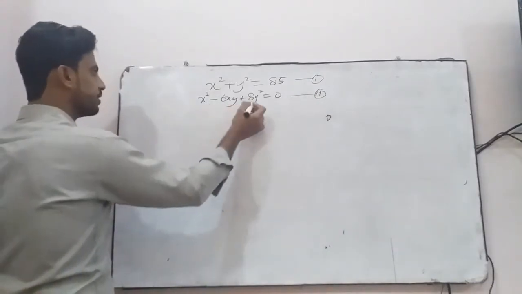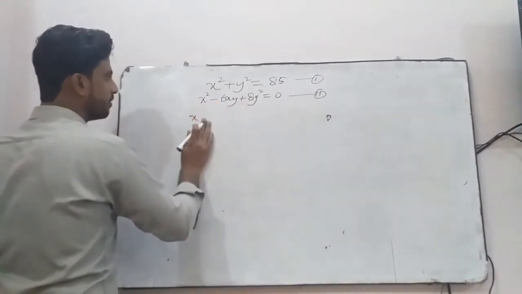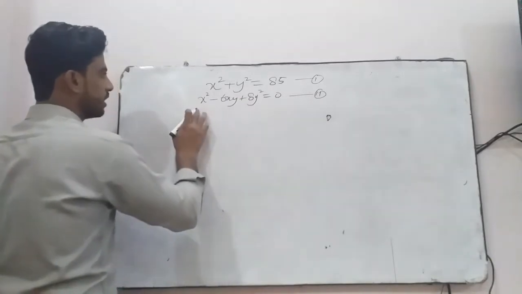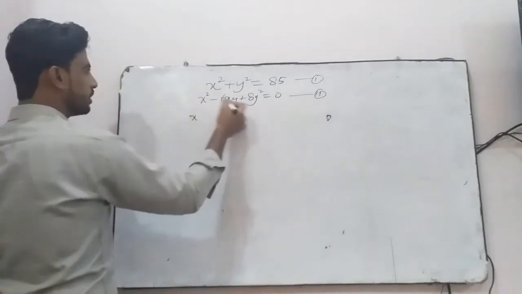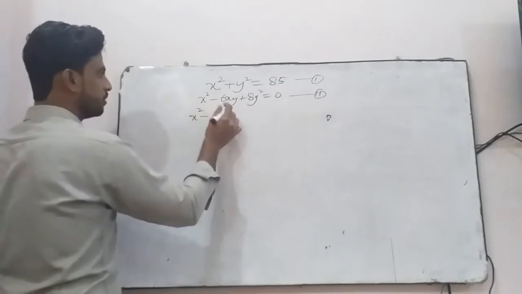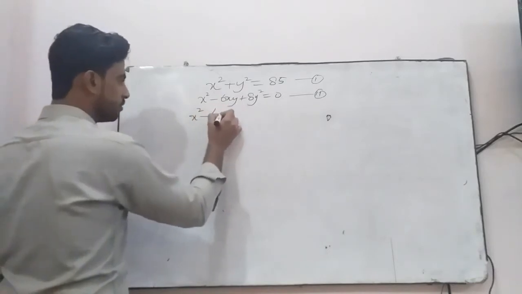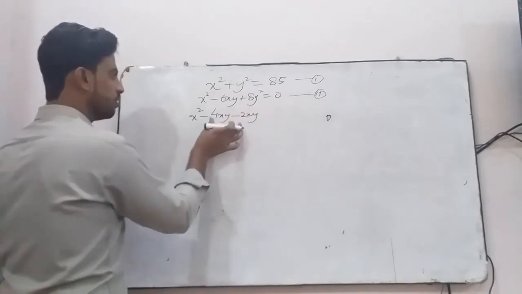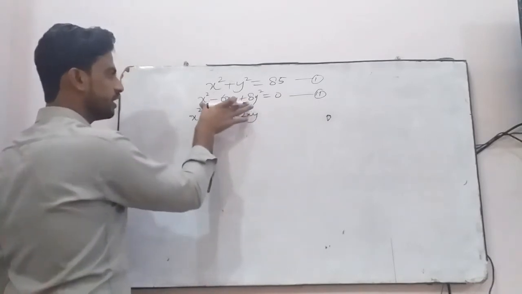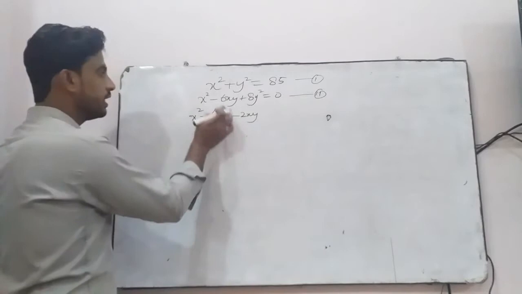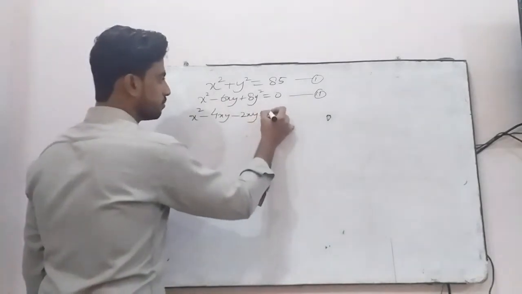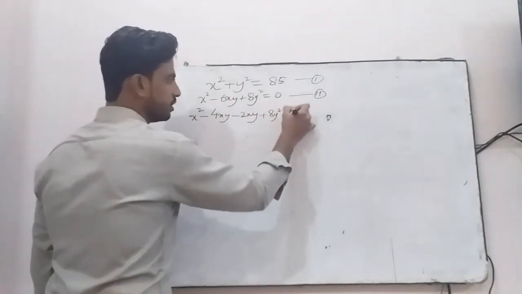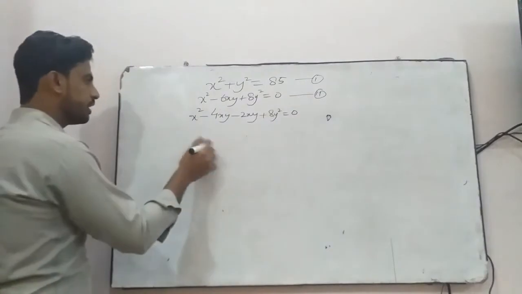So let's factorize it. For factorization, the multiplication should become 8xy square. So we take 4xy and 2xy: when we multiply them we get positive 8xy square, and when we add them we get negative 6xy. So x square minus 4xy minus 2xy plus 8y square is equal to 0. Now take the common factors.